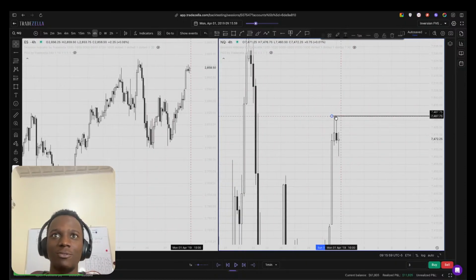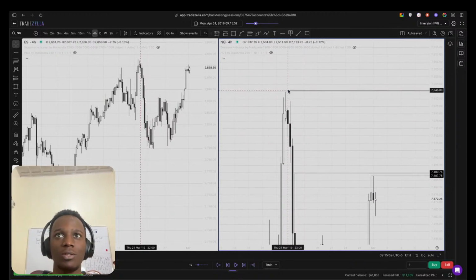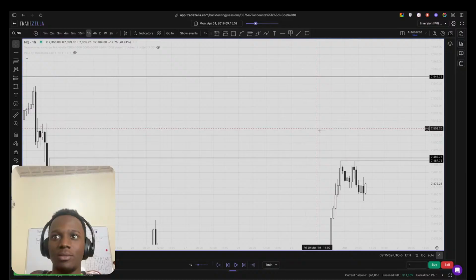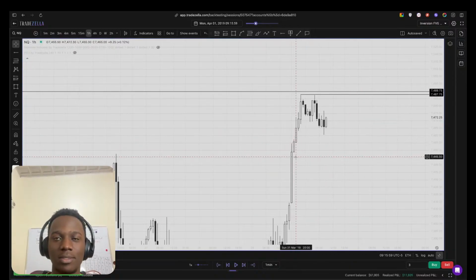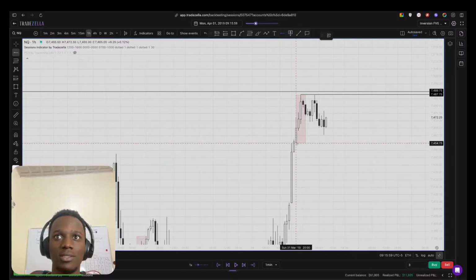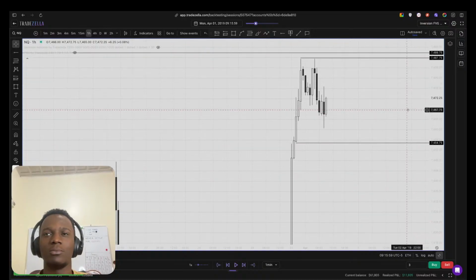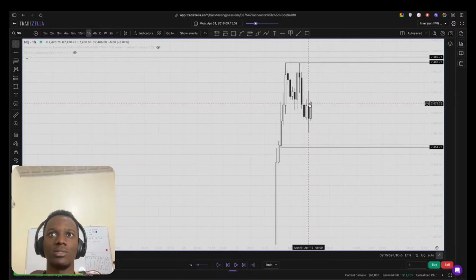We have an unfilled 4 hour, so I'm bullish and I will be marking out the bullish draws on liquidity. I wouldn't like to see price go lower, but we also have Asia lows. Where are they at? I think it's somewhere here. Yeah, right there. I don't want to see price drop all the way to these lows. I would just like to see it form a model inside this PA here, then break to these highs.